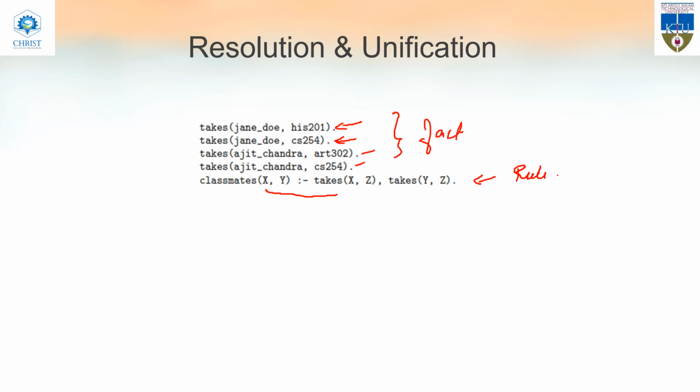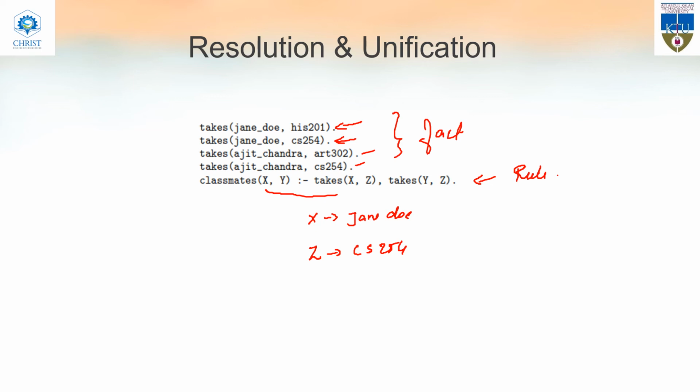Now let's consider that x is j into O, and let z be CS254.